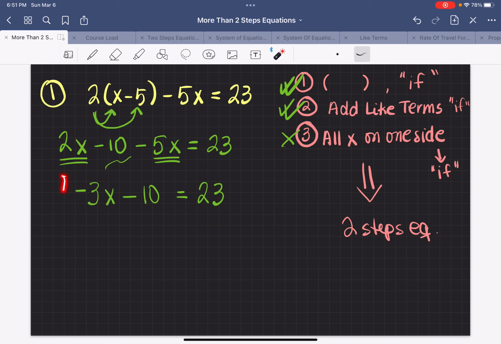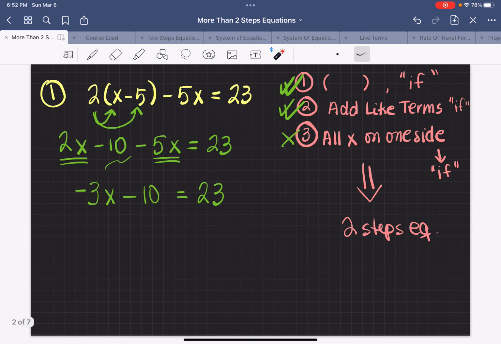Why is this a 2-step equation? Because in order to leave x by itself on the left side, I need to get rid of the negative 3 and the negative 10. I need to get rid of 2 numbers that will require 2 steps. So this is a 2-step equation.